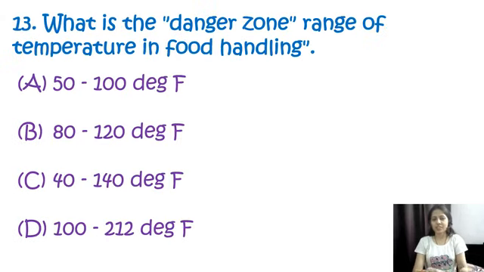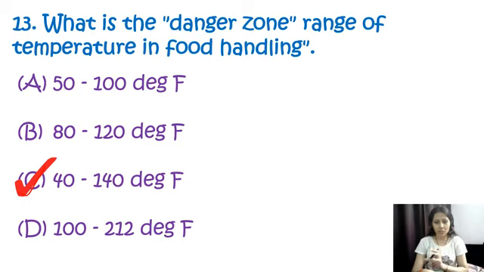Question number 13. What is the danger zone range of temperature in food handling? 50 to 100 degrees Fahrenheit, 80 to 120 degrees Fahrenheit, 40 to 140 degrees Fahrenheit, or 100 to 212 degrees Fahrenheit. So correct option is C, that is 40 to 140 degrees Fahrenheit.